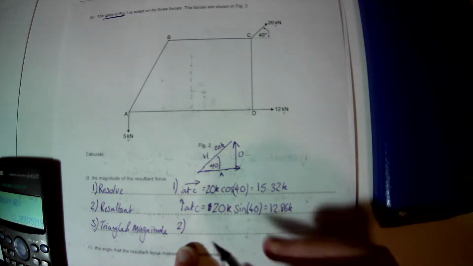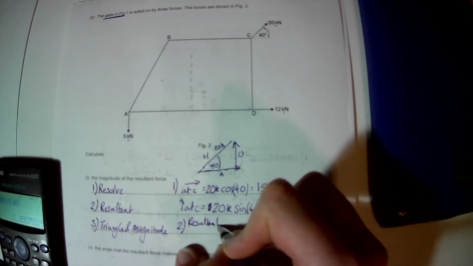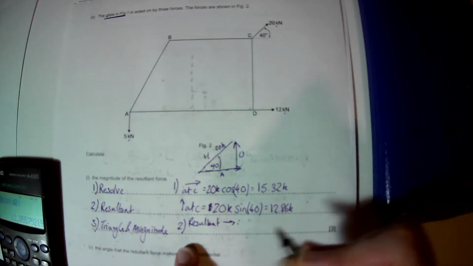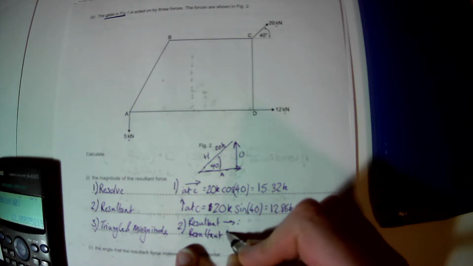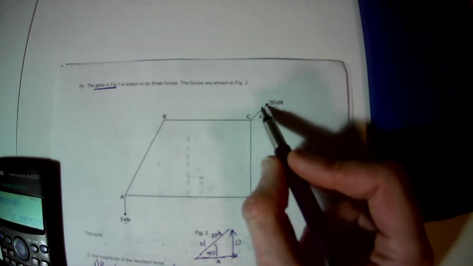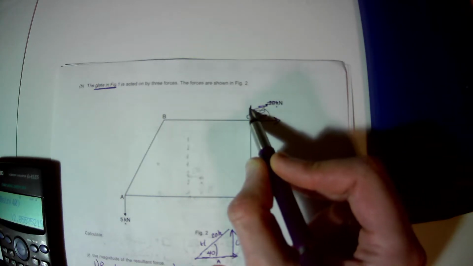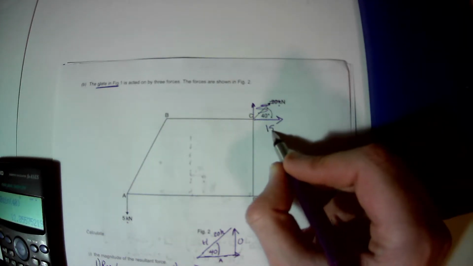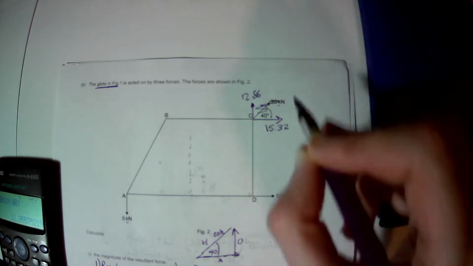Then our second step, we need to find the overall resultant component, so we need the resultant sideways component, we need the resultant vertical component. Our resultant horizontal component, I look and identify, I've replaced this force with a that and a that. My horizontal is 15.32, this is 12.86.